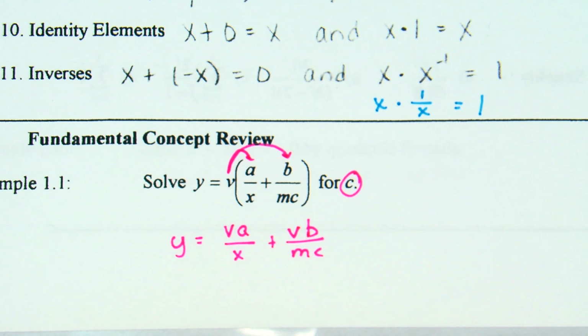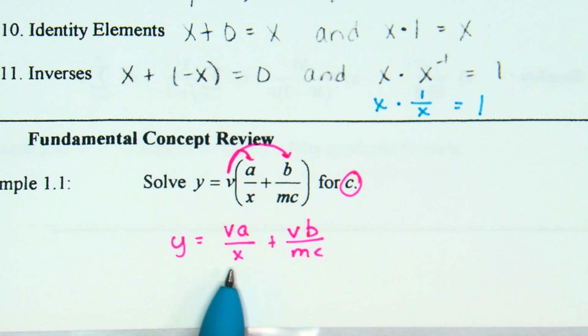Notice, where is c? In the denominator. How do we get rid of a denominator so we don't have to work with all these denominators? How do we clear out the denominators? What are all the pieces that are in the denominator?